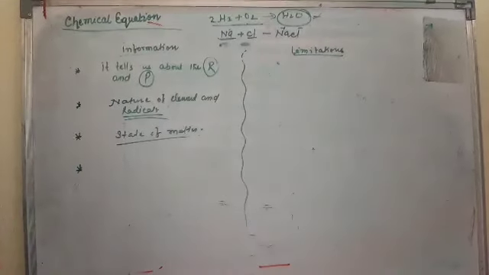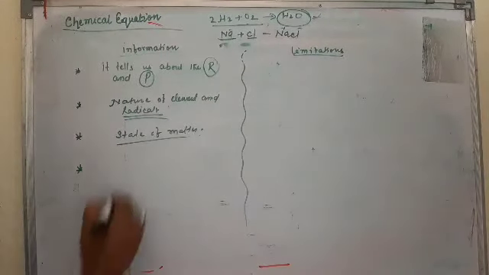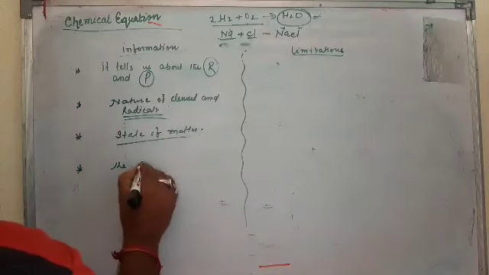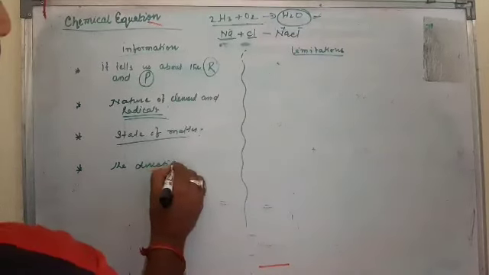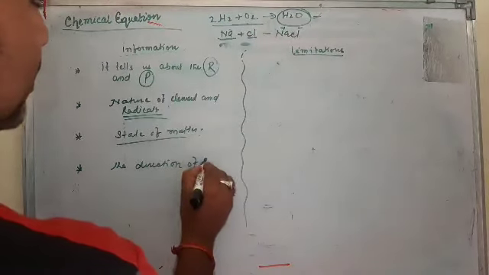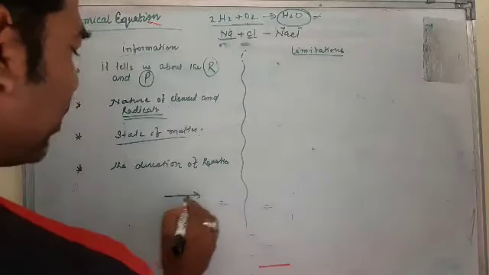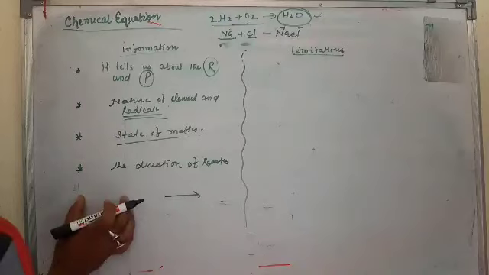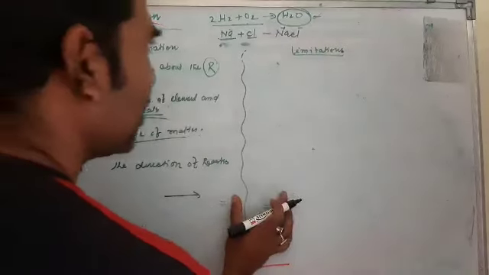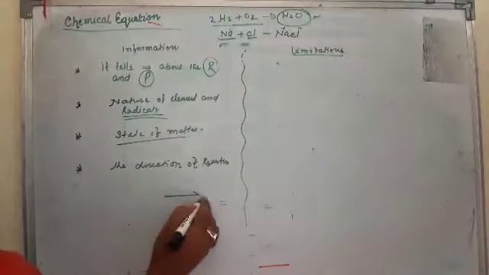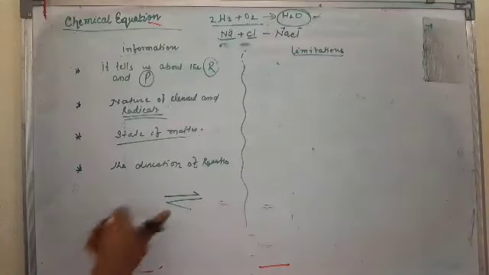One more information we can gather here, the direction of reaction. That means only one arrow, these are the reactants, after the arrow these are the products. Like this, okay, then it is reversible.